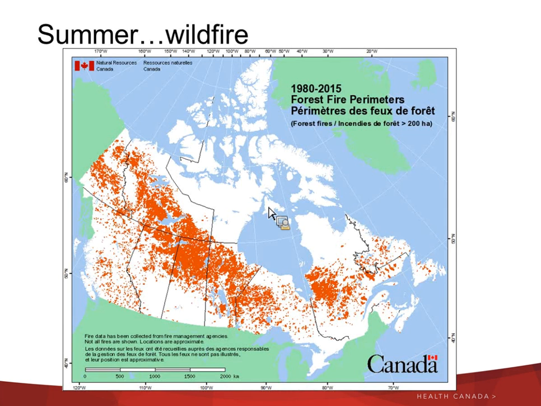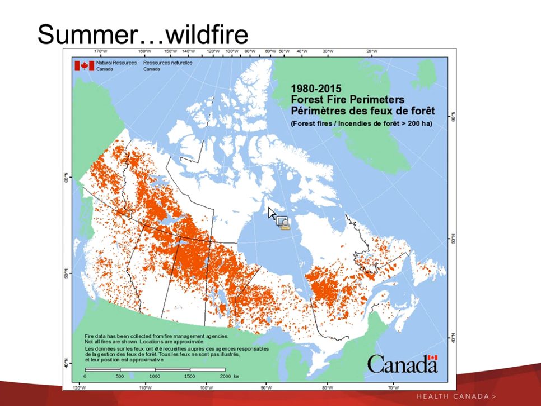Now, another issue in rural areas in the summertime is wildfire smoke. So this is a cumulative map of fires from 1980 to 2015, and these are the largest fires, over 200 hectares in perimeter.